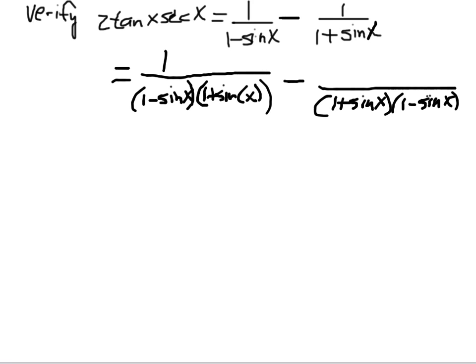Our numerator is 1 times 1 plus the sine of x, because we had to multiply by a form of 1. 1 plus the sine of x over 1 plus the sine of x is 1. So we didn't change the value of that fraction, we just changed its form. The second fraction, we're going to do the same thing, except our numerator is 1 times 1 minus the sine of x.